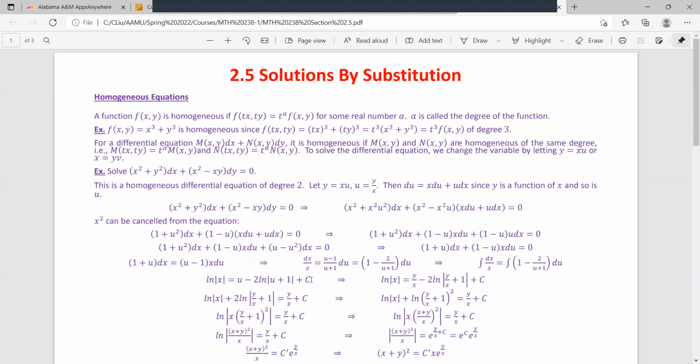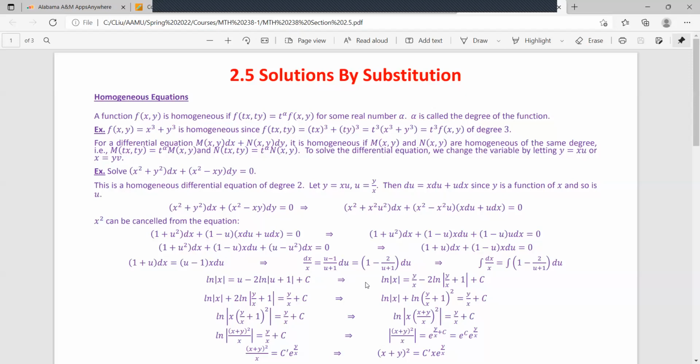Okay. So now the next thing is just to rewrite this solution by y and x, because we're trying to solve y as a function of x, and the u is just the variable we defined, and it is y over x.